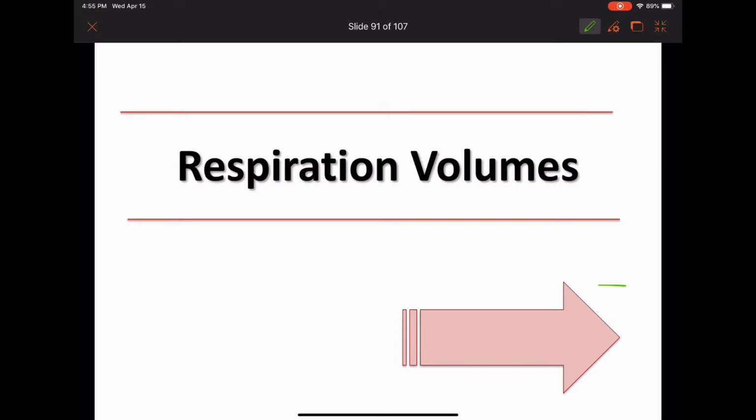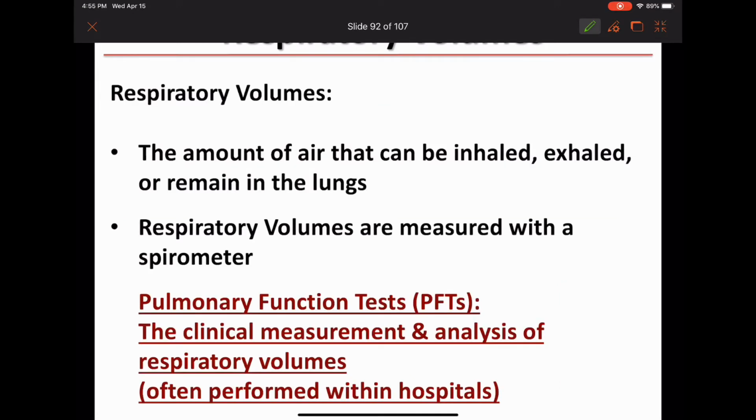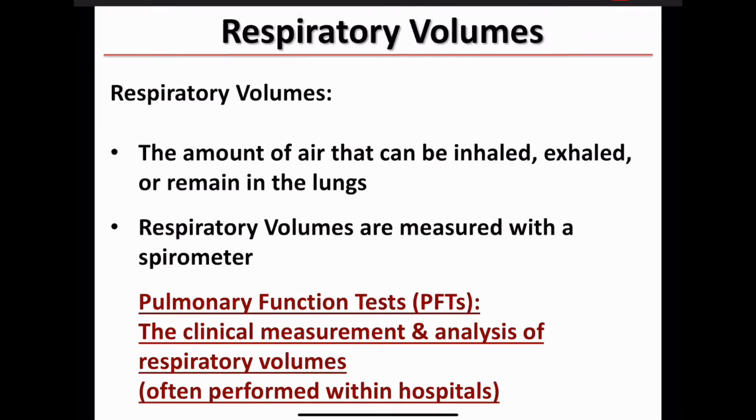So, just want to bring up this slide here. Respiratory volumes are just the amount of air that can be inhaled, exhaled, or remain in the lungs. Basically we're quantifying different amounts of air that are in the lungs at different points in time. And these volumes have clinical utility.